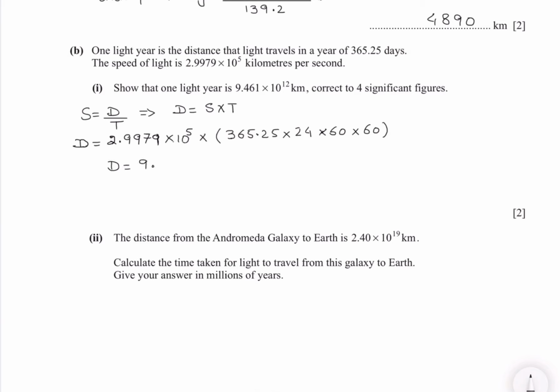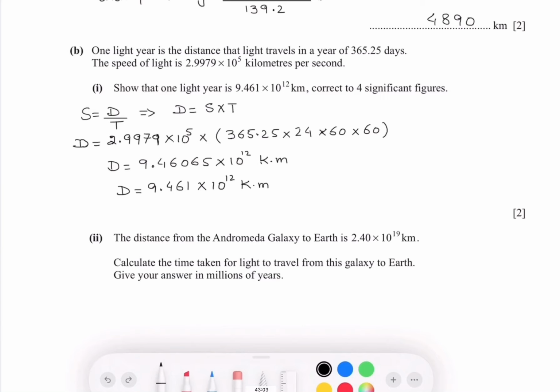This 24 is because of the day, 60 is hour, and next 60 is second. So you use your calculator to find out the value. So 9.46 times 10 power 12 kilometer, and correct to 4SF, this is 9.461 into 10 power 12. So shown.